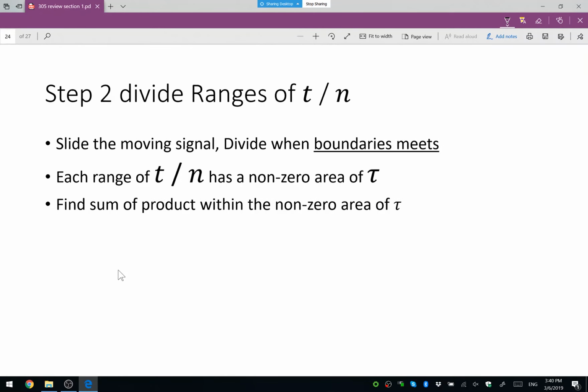So let's draw things showing the boundaries.